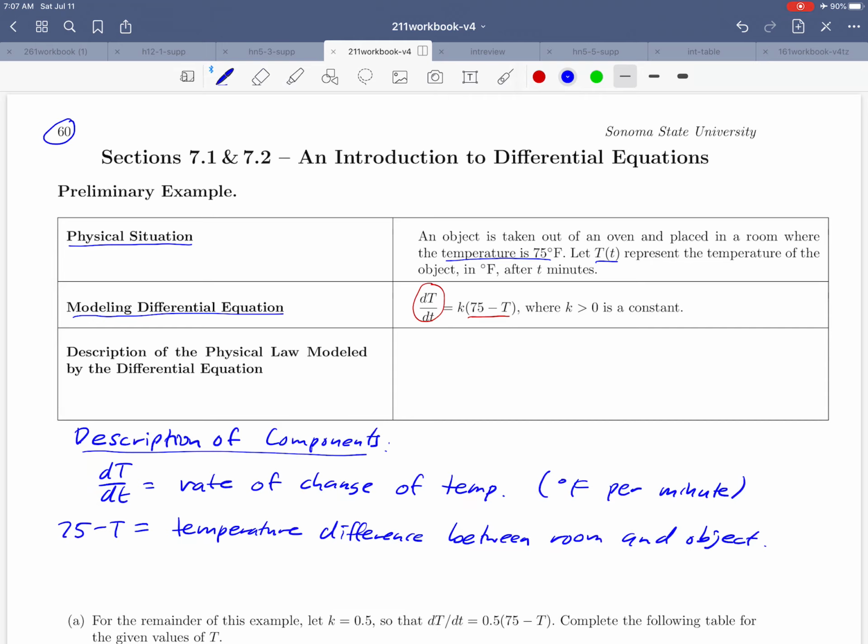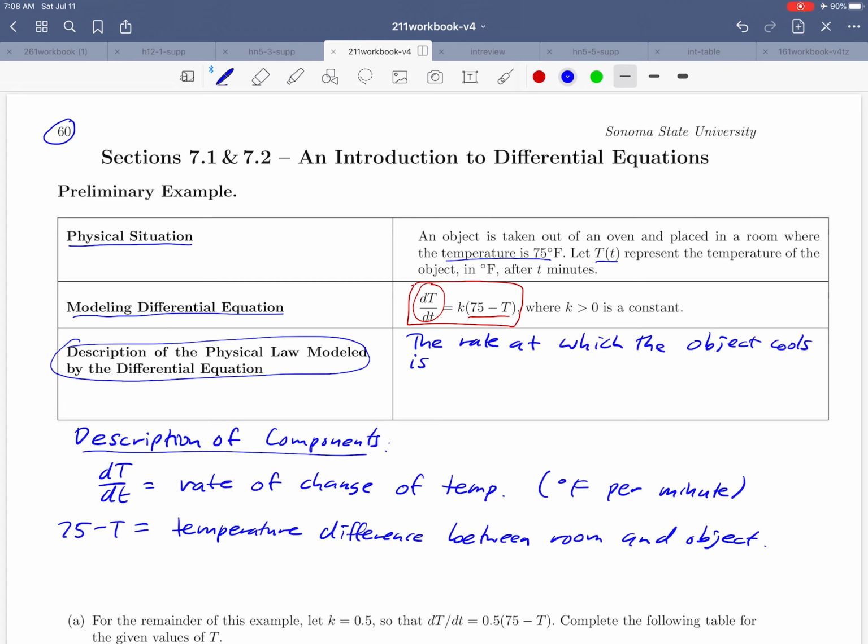Given those two descriptions of the pieces of the differential equation, could we write an overall description of the physical law? What we mean by this is we'd like to put into words what this entire equation is telling us. So we'll read it left to right. On the left-hand side is the rate of change of the temperature, so we could say the rate at which the object cools is, and then what's on the right-hand side?